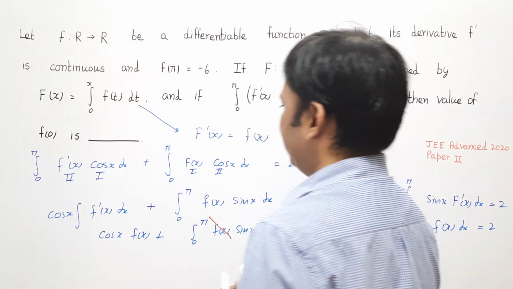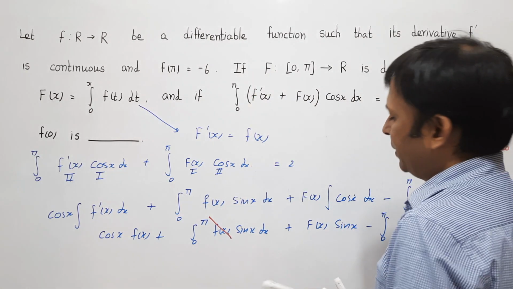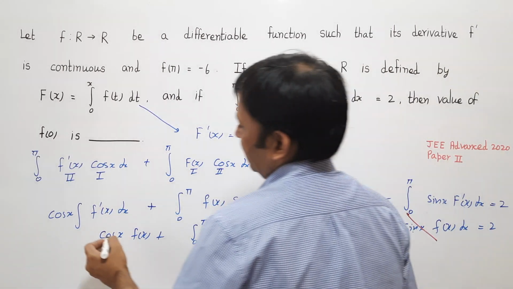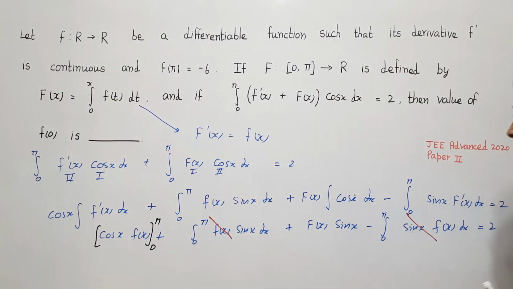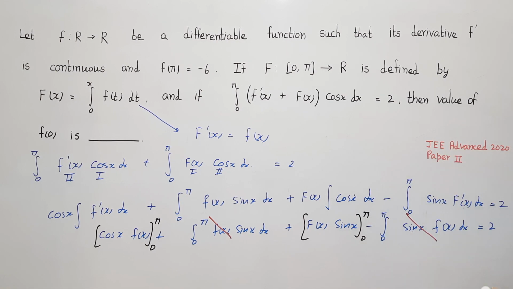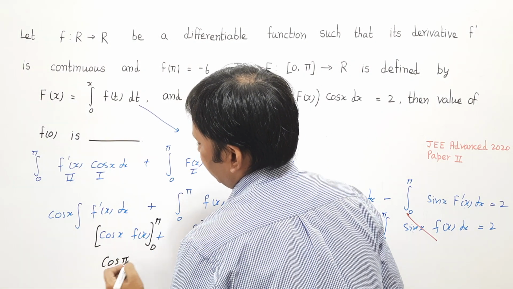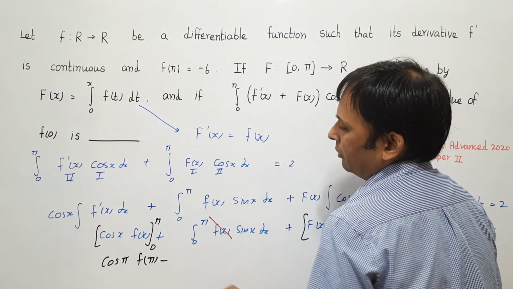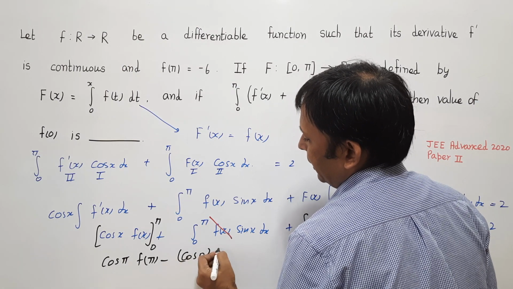Now the integration part is done, so we simply substitute the limits from 0 to pi. You can see that here it is cos of pi multiplied by f pi, minus cos of 0 multiplied by f of 0.